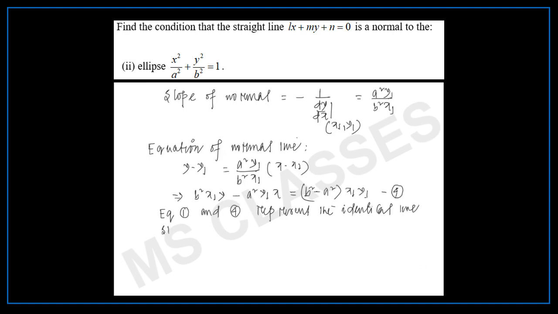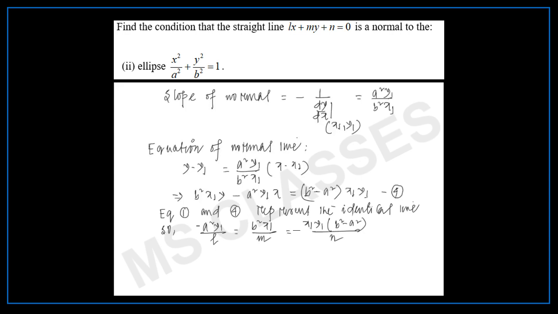So we can compare and we can write a square y1 by L equal to b square x1 by m equal to x1 y1 into b square minus a square by n.